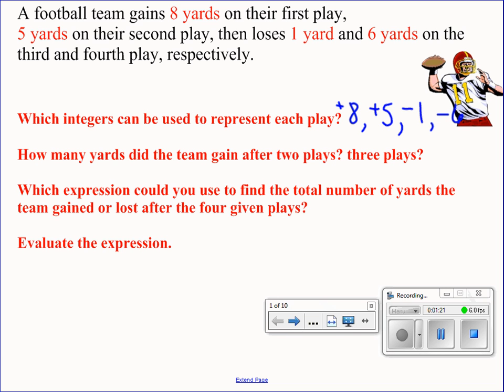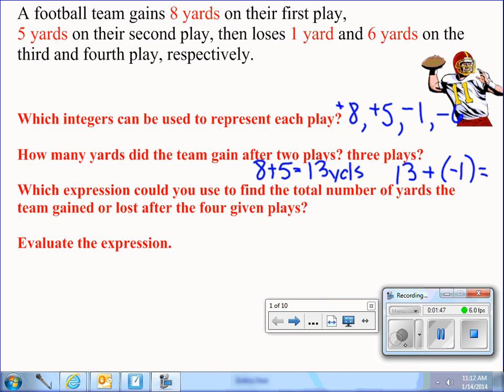How many yards did the team gain after 2 plays? So we would add the first play yards plus the second play yards, and it would be 13 yards. If we took the 13 yards, which were the first 2 plays, and then we wanted to add the third play yardage, what would that be?